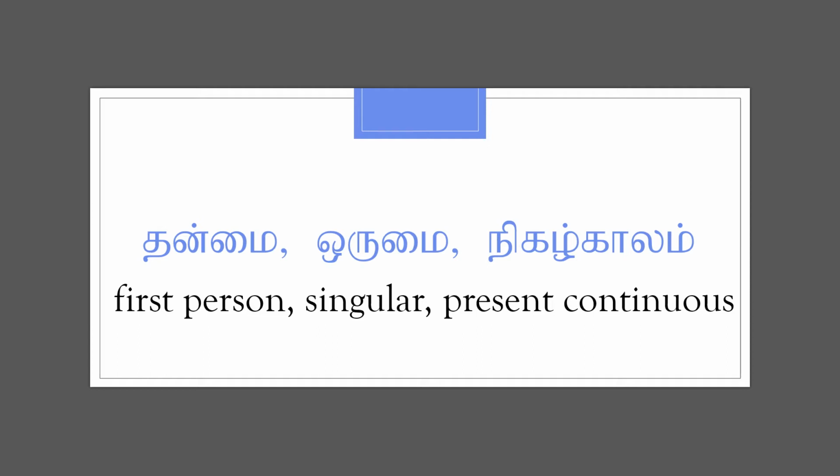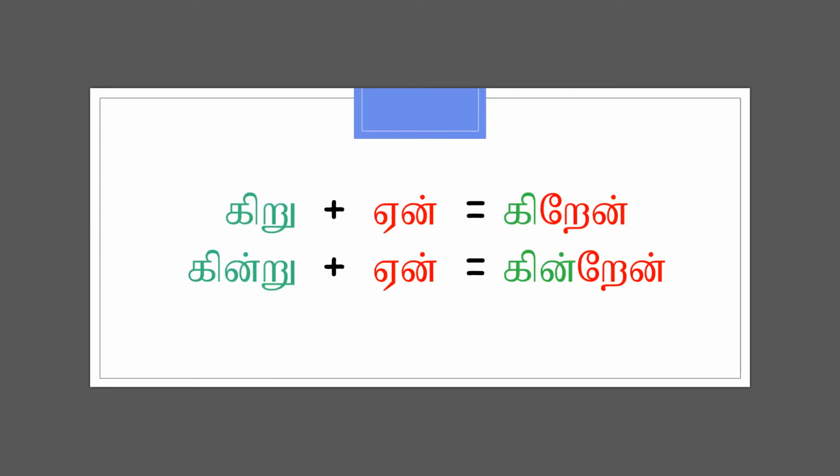Remember, we already looked at sentences using first person, தன்மை, singular, ஒருமை, and present, நிகழ்காலம். கிறு or கின்று denotes that it's present tense, and the suffix "an" denotes first person singular. So கிரேன் or கின்றேன் denotes that it's present tense, first person singular.